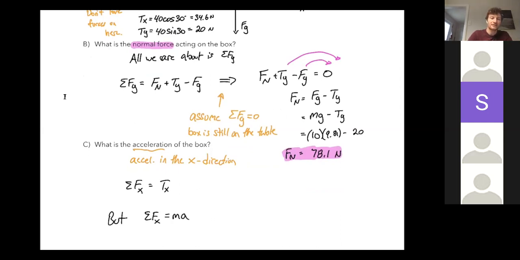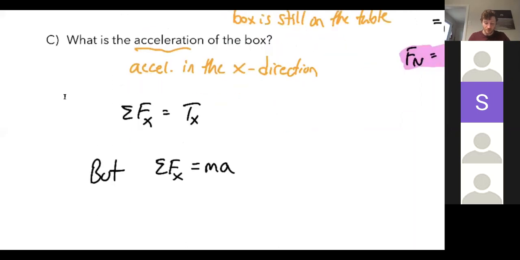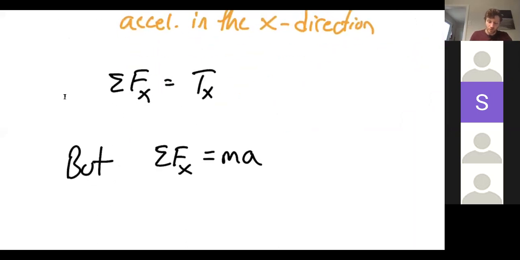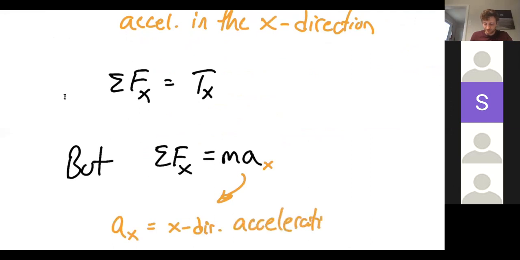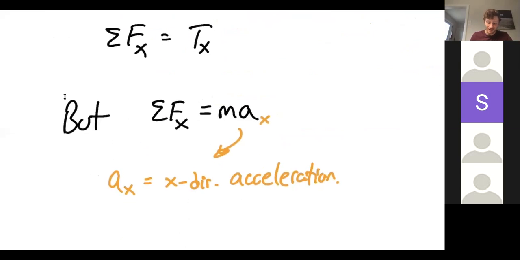okay? Now, technically, if we want to be super proper, we would put an x component there, and we would just specify that ax is the x direction acceleration. But I'm not going to lie, it's kind of gross, right? We're only ever going to have one acceleration.